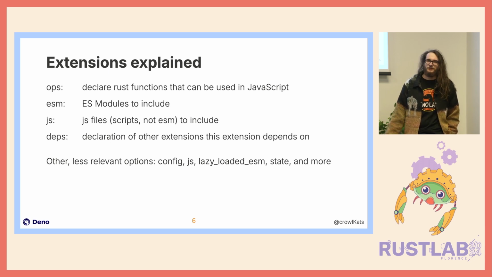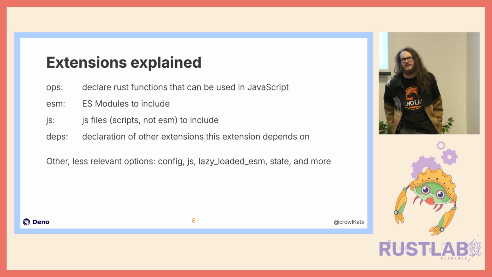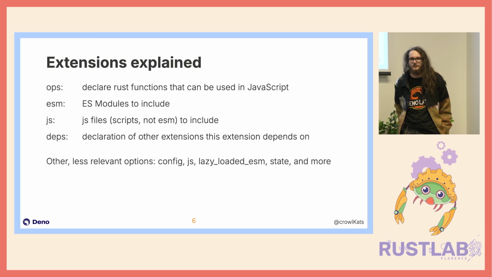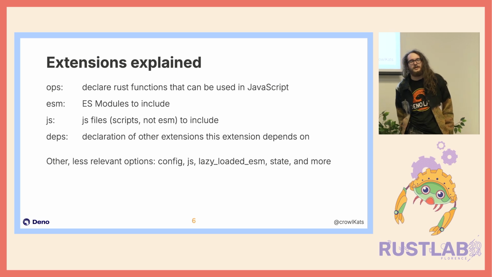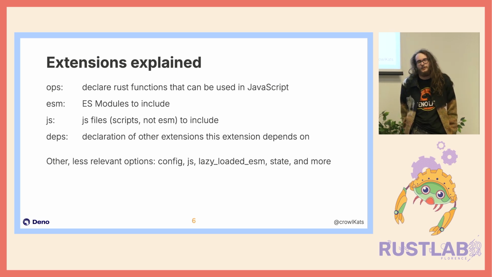Very few people use WebGPU, but it's a massive amount of code. I think it's like 15,000 lines of JavaScript, just the bindings on the JavaScript side, and the Rust side is another, I think, 5,000 plus. And very few people use it. There is very little point to include it in the actual extension because loading files on startup is not cheap necessarily, especially large files like 50,000 lines of JavaScript.